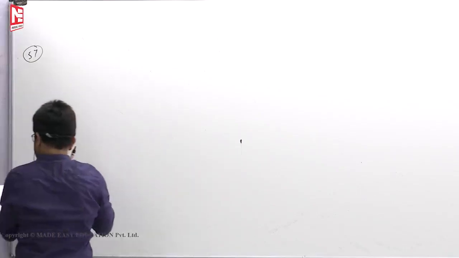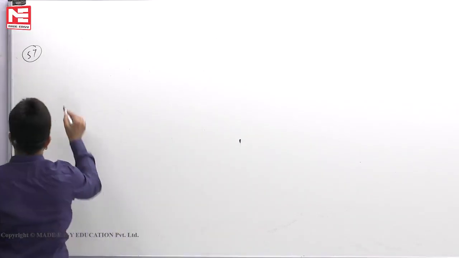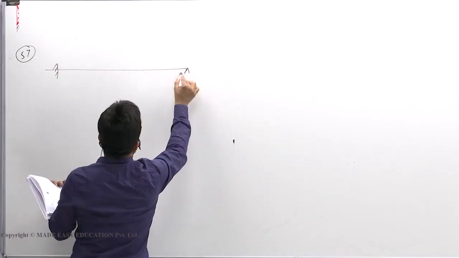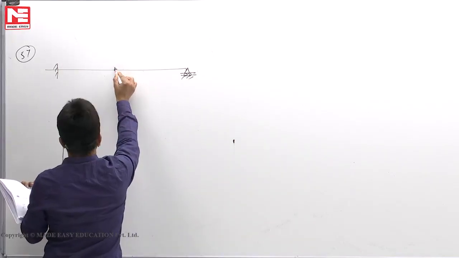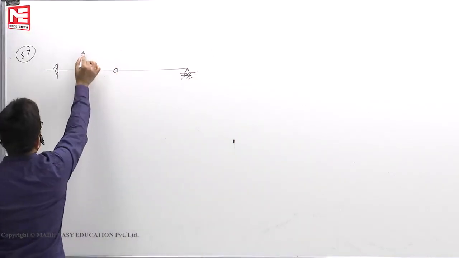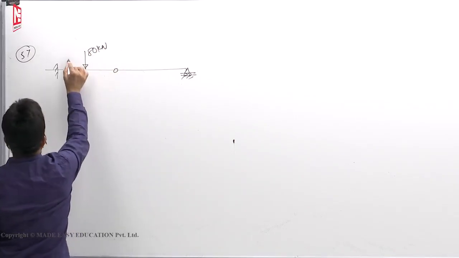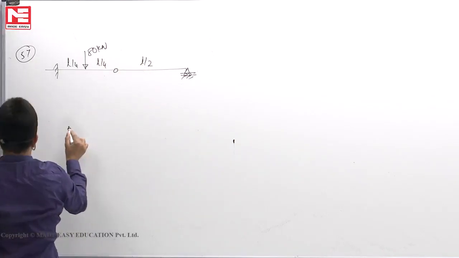Next 57, a propped cantilever is shown below. Vertical reaction at fixed end. See here, this is actually a 2 marks question. Hinge was there here, 80 kilonewton, L by 2.